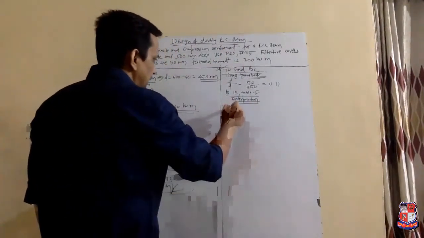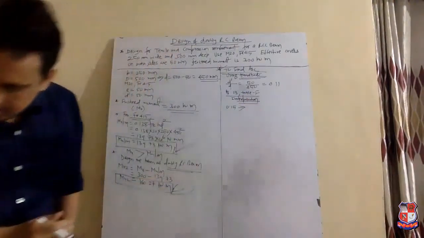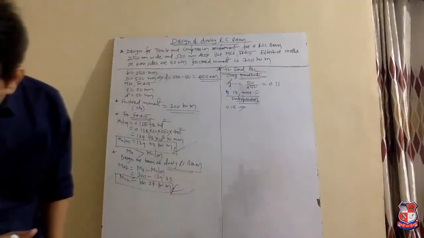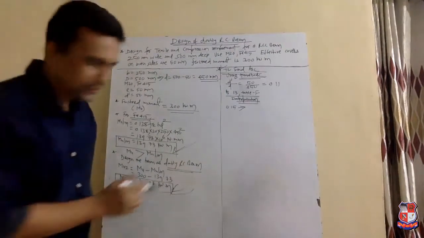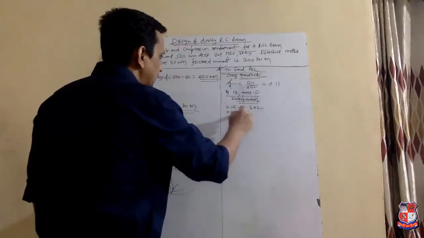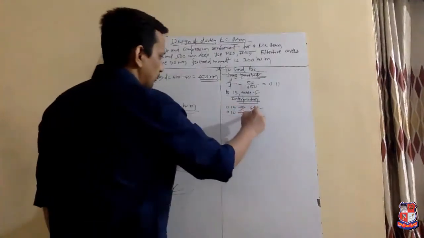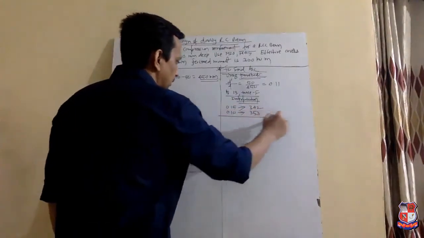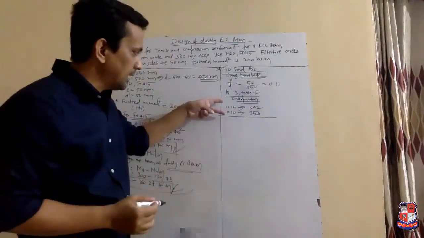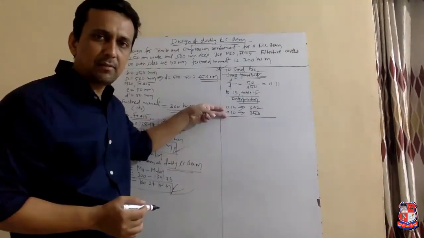So we know that in handbook for 0.15, the FSC value is 342, and for 0.10 it is given 353. All right. The question arises in your mind, why have I taken 0.15 and 0.10 values?